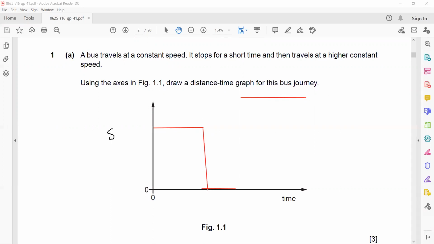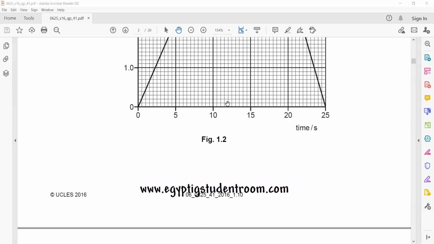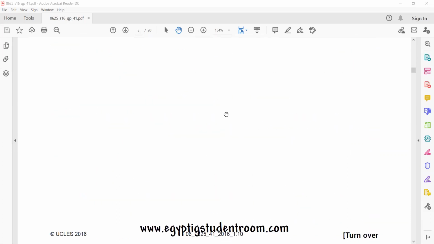And for finding a distance, you will use the area under the graph. So this is making a triangle. For a triangle, it will be half base times height. This value is 6, 7.5, and then multiply by 3.3. Then this is making a rectangle, which is starting from 7.5 and ending at 20.